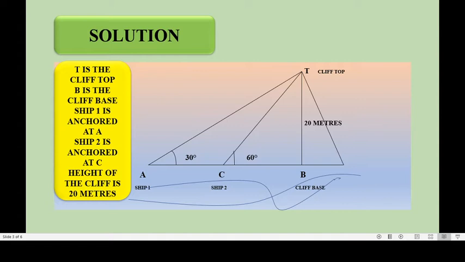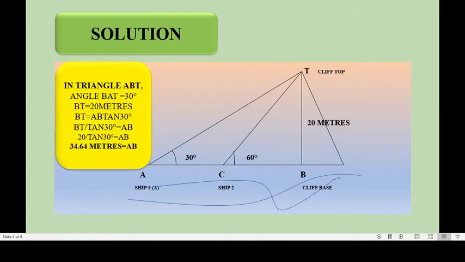We can see that two triangles have been formed. One is triangle BAT, another is triangle BCT. We need to solve them one by one.